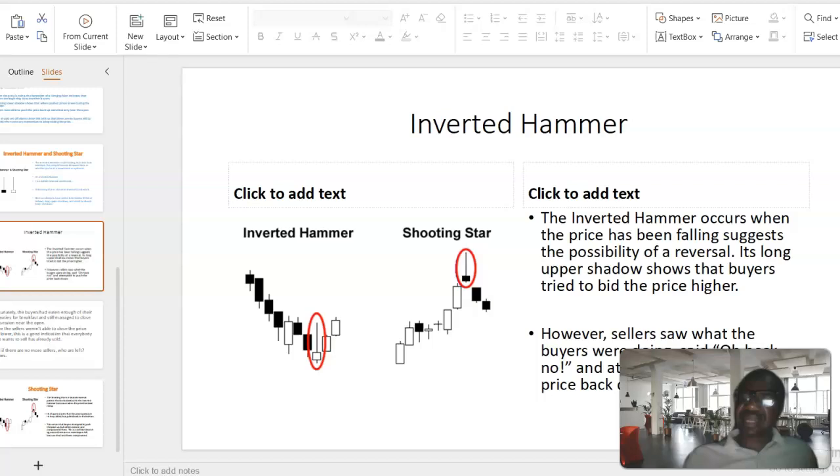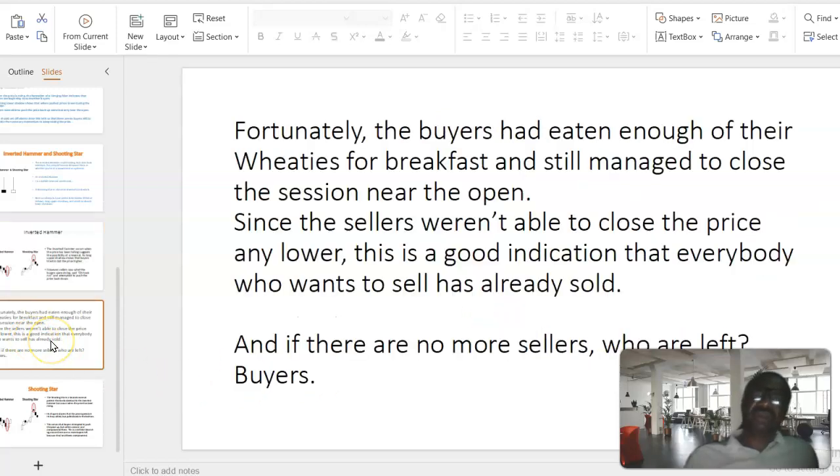However, sellers saw that and made an attempt to push price back down. So they did it and began to push price back down. Fortunately, the buyers had eaten enough of their Wheaties for breakfast. Okay, this is just the psychology behind it, and they still managed to close the session near the open.